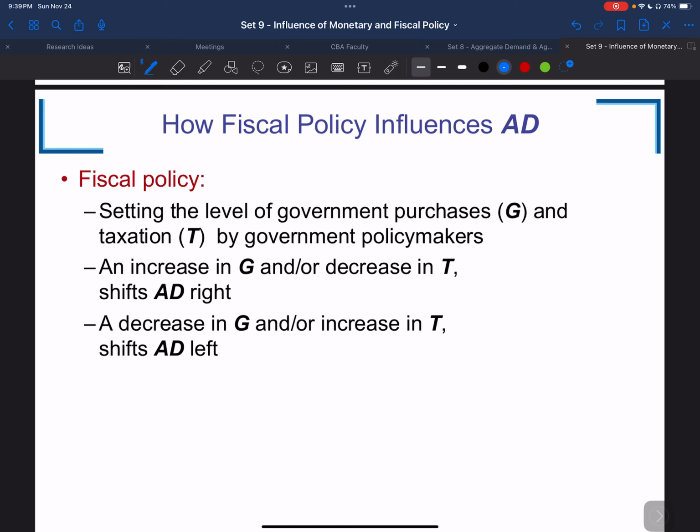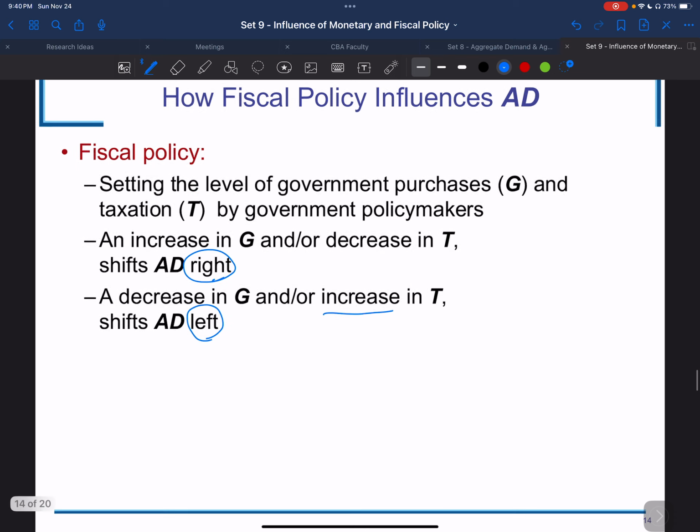An increase in the government spending or decreasing the tax amount will shift the aggregate demand to the right, and decreasing the government spending or increasing the taxes will shift the aggregate demand to the left.